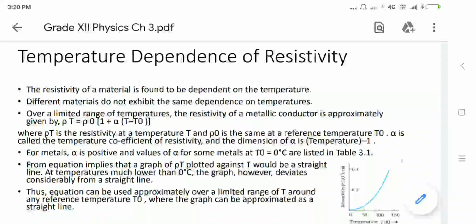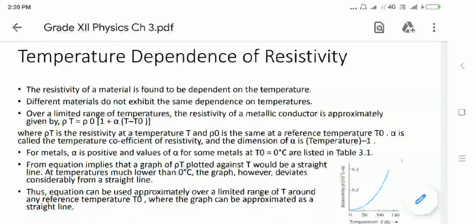Now, if we plot the graph of rho against the temperature for the copper material, it starts at 0 degrees. At a much lower temperature than 0 degrees, the line of temperature dependency deviates from the straight line.